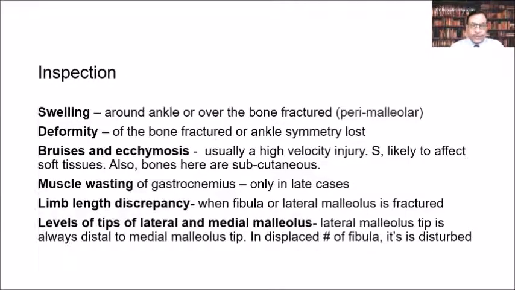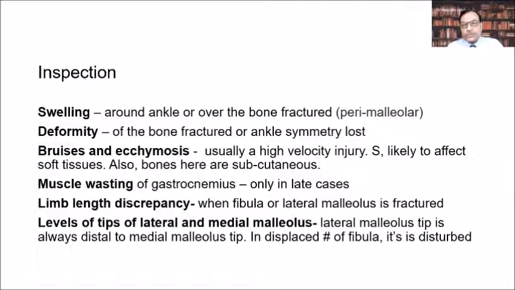In the usual format of examination in orthopedics, you will be looking for the swelling, which will be around the ankle or around the bone which has been fractured. So say, for example, if only the medial malleolus has been fractured, there will be swelling around the medial malleolar area. The deformity: we will be seeing the symmetry of the ankle, the bruising and ecchymosis.